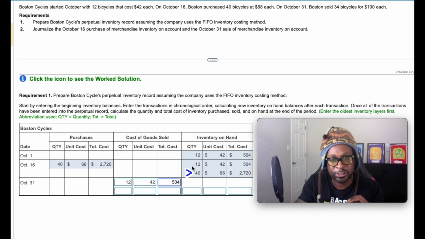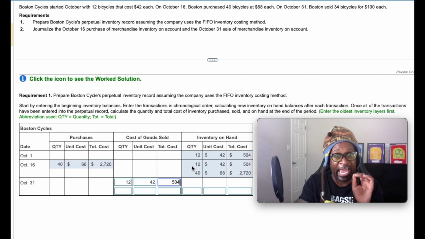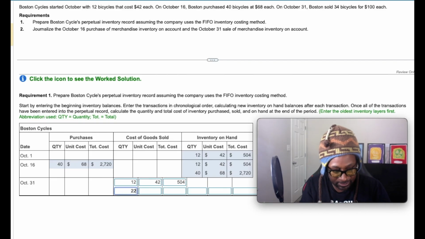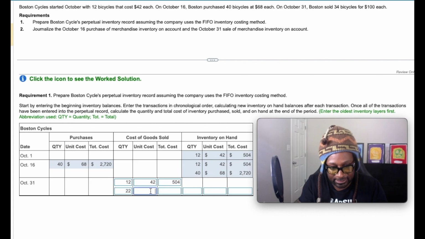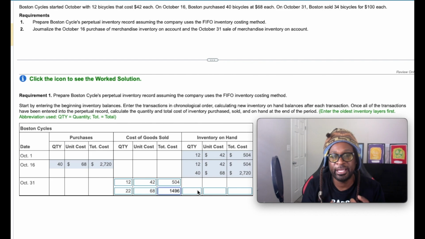Now we purchased 40 additionally on the 16th, but now we have sold only 22. So 22 units at $68, which is going to give us a total cost of $1,496. And then we're going to account for the inventory on hand, gang.